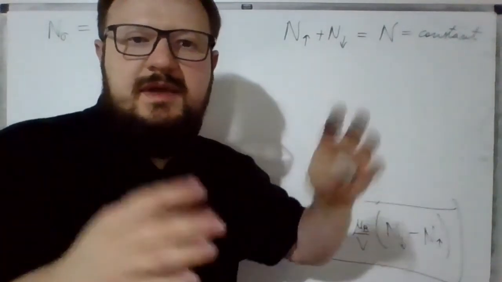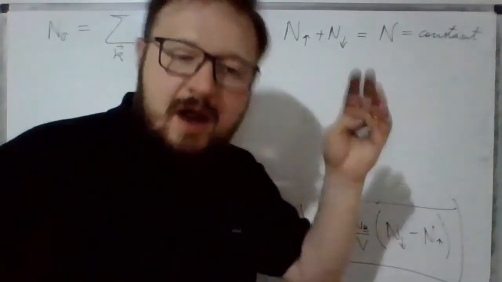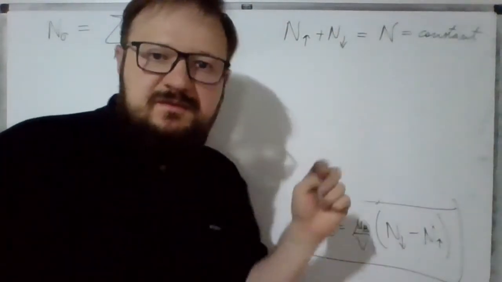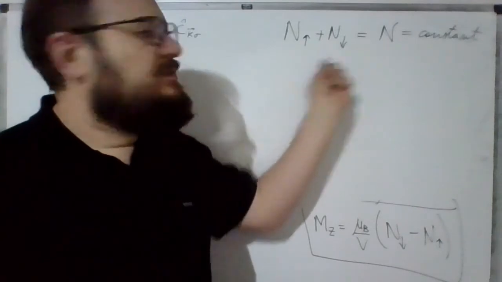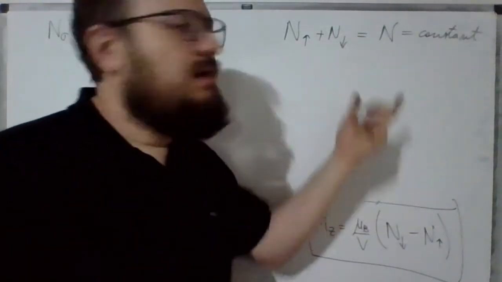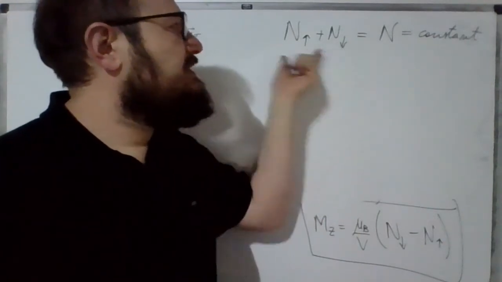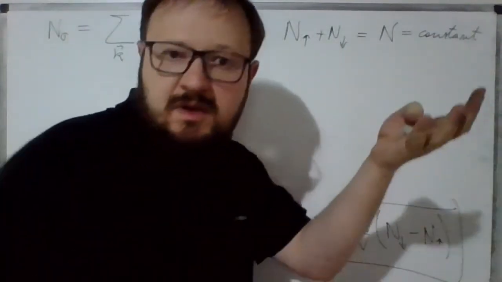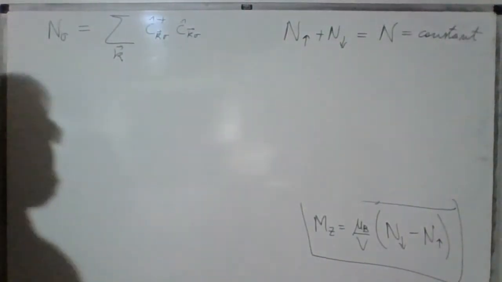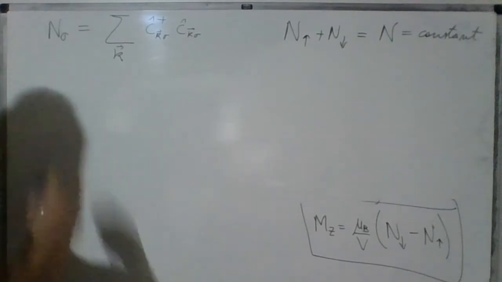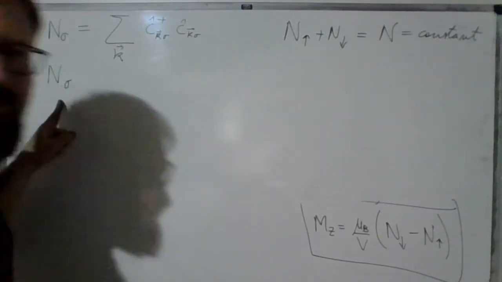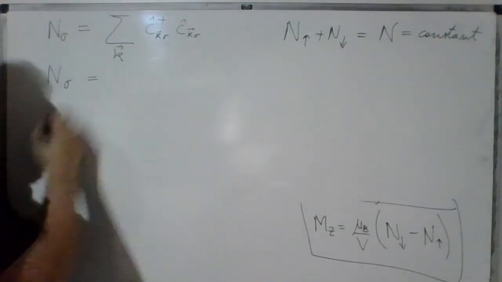There are the same amounts of up and down spins. When you apply a magnetic field, some up spins migrate to the down spin state, and now you have more down spins than up. But the sum of the populations is a constant of your problem.